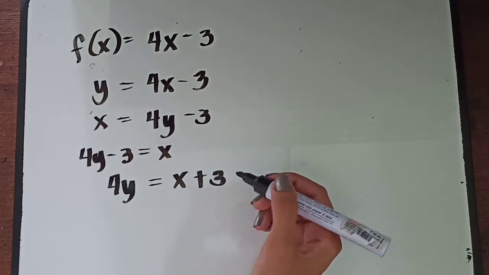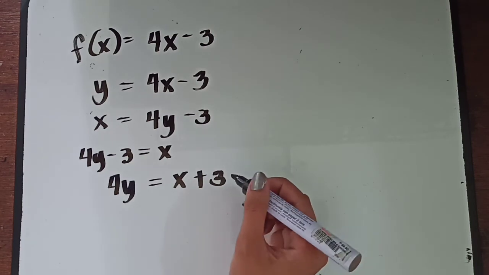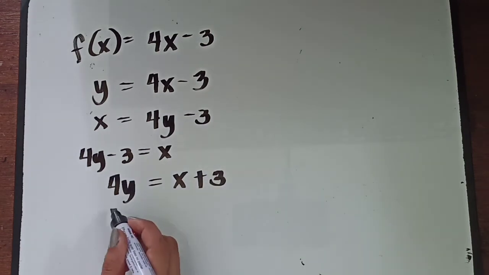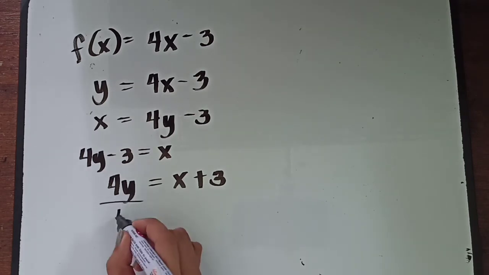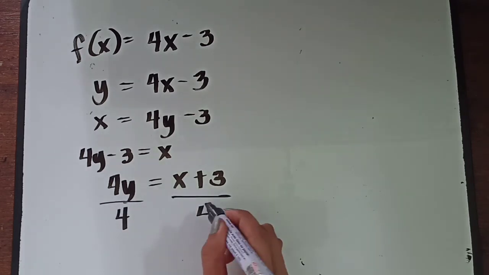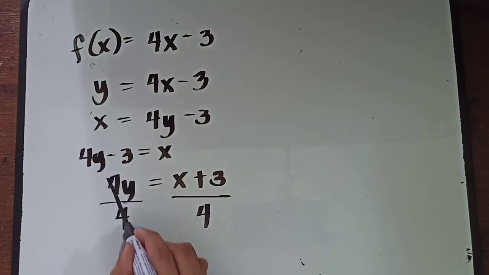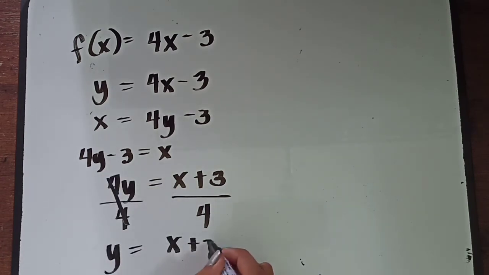Meron pang kasama si y, which is 4. And to eliminate this 4, we need to divide both sides by 4. So, cancel. And y is equal to x plus 3 over 4.